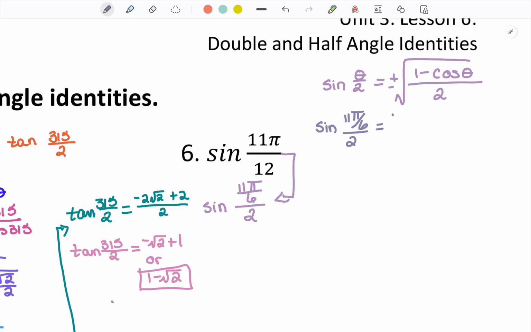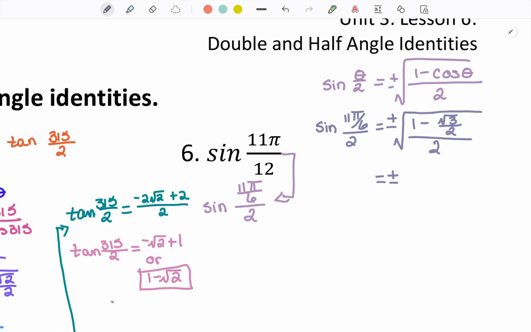And that is going to be plus or minus the square root of 1 minus, and then our cosine for 11 pi over 6 is the square root of 3 over 2, and that is over 2.